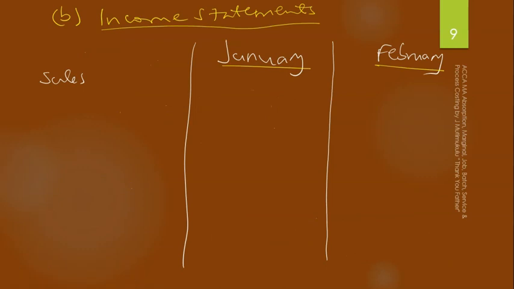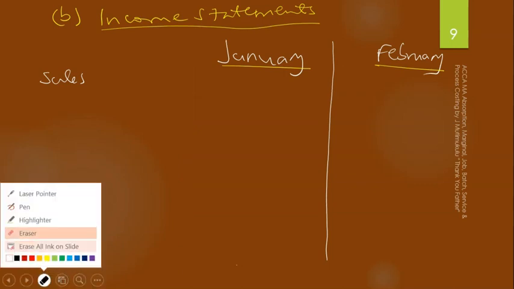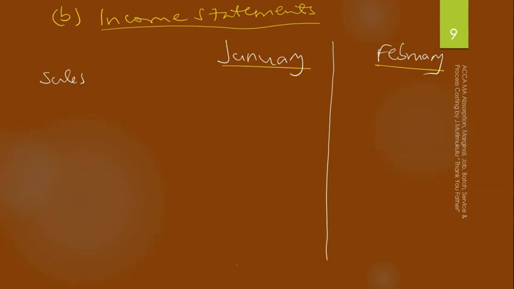Let me try to bring this line a bit afar so that my workings won't be problematic. That's for sales. We've got 9,000 units multiplied by $35 per unit, and we get the total sales of how much?